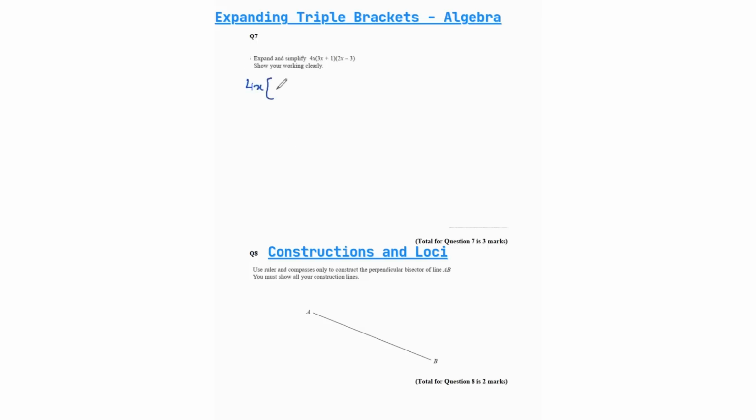So it's going to be 3x times (2x minus 3) plus 1 times (2x minus 3). So that's going to be 6x squared minus 9x plus 2x minus 3, multiplied by 4x.